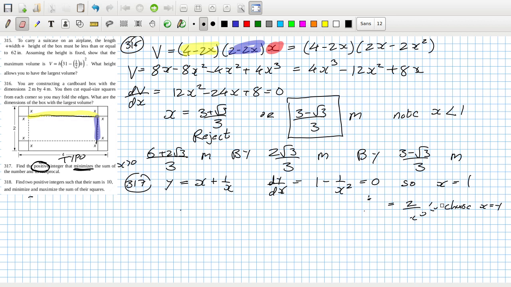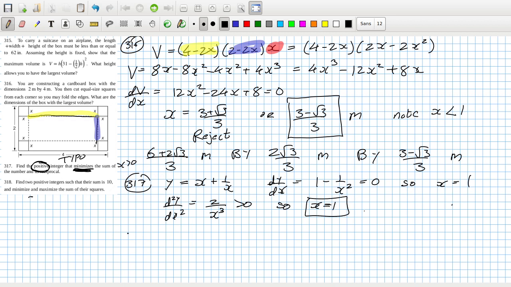But let's see. d2y dx squared equals, bring down the power, reduce the power by 1. So we want to minimize it, so it has to be a positive. Yeah, sorry. So x has to equal 1.